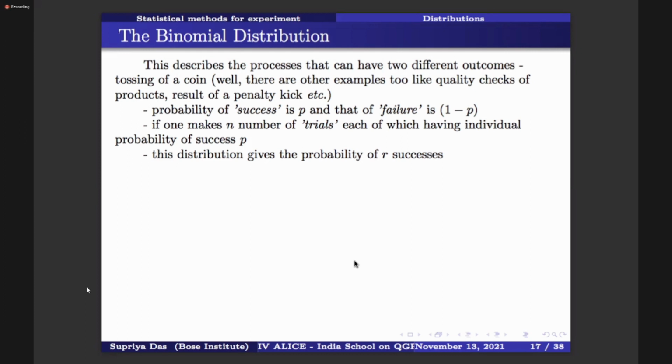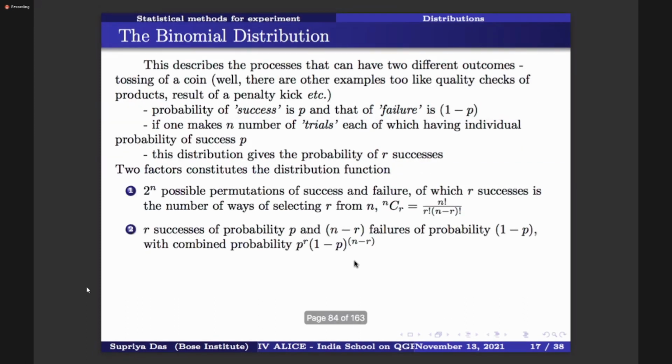This binomial distribution gives the probability of R successes. So for n number of trials, each of which has an individual probability of success P, the binomial distribution gives the probability of R number of successes.